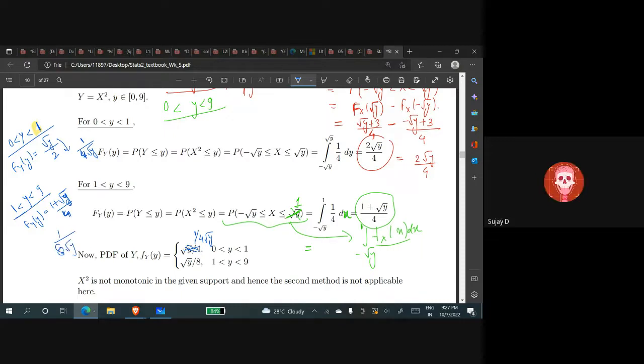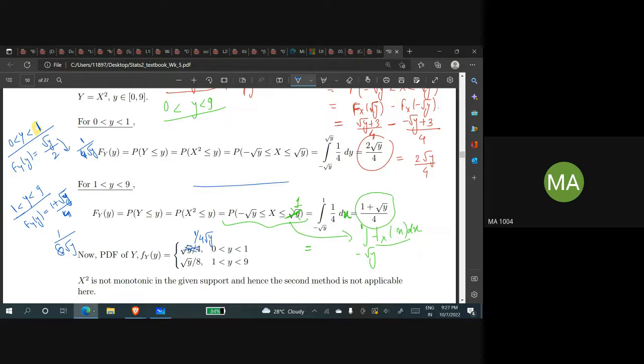Ma'am, the integral limit is minus square root of y to minus 1, right? Because we already included minus 1 to 1 in the first case. You're saying the integral limit is minus square root of y to minus 1? It is 1, not minus 1, because you're finding the CDF.